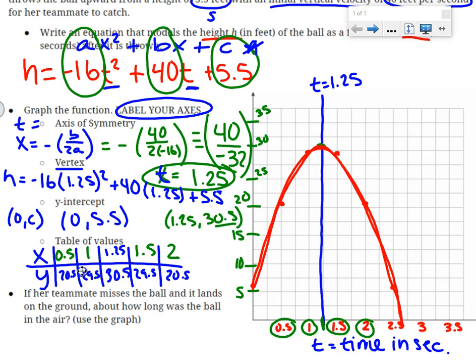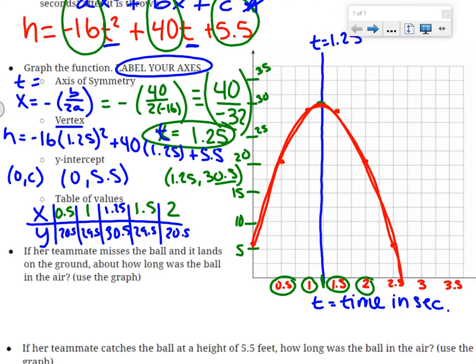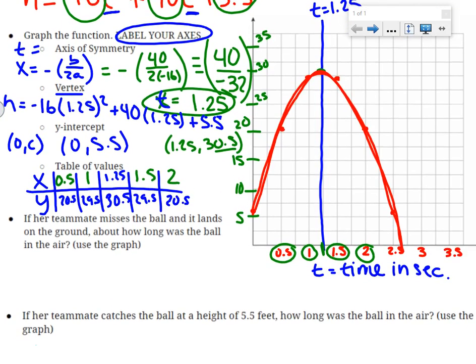And now we need to use this graph to answer some questions. So we have, if her teammate misses the ball and it lands on the ground, about how long was the ball in the air? Well, we know that right here, the ball has been in the air for 2.5 seconds and is at a height of 5.5. We got that from our symmetry with our y-intercept.